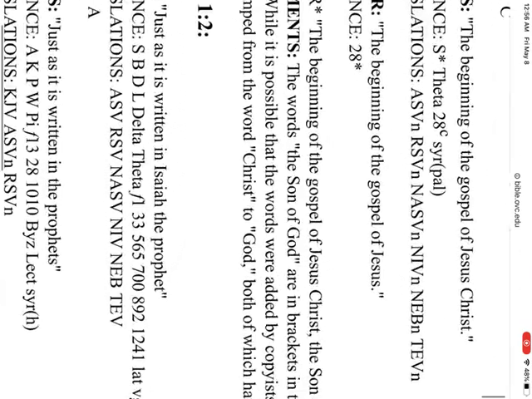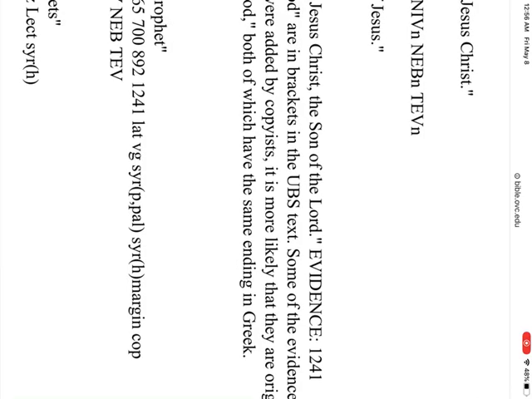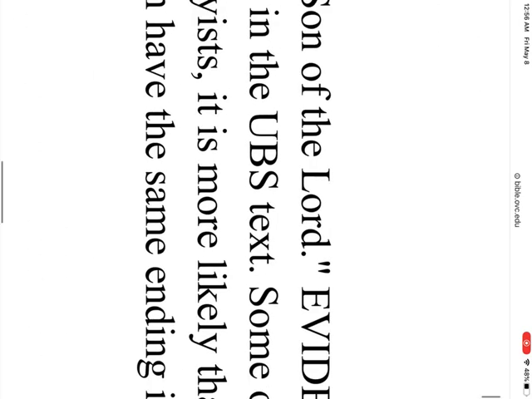So in this comment it says, the words "the Son of God" are in brackets in the UBS text. Again, that's one of the critical additions that I showed you. Some of the evidence listed above for this reading has Son of God.